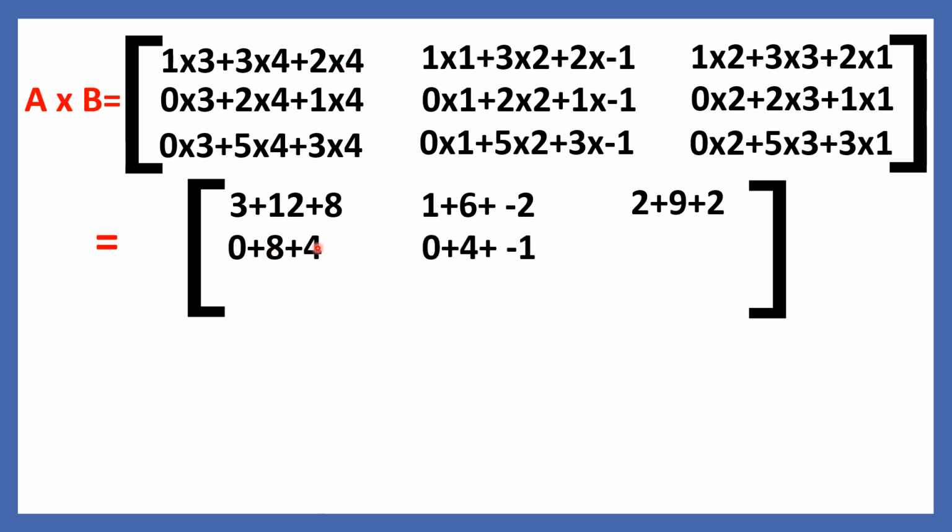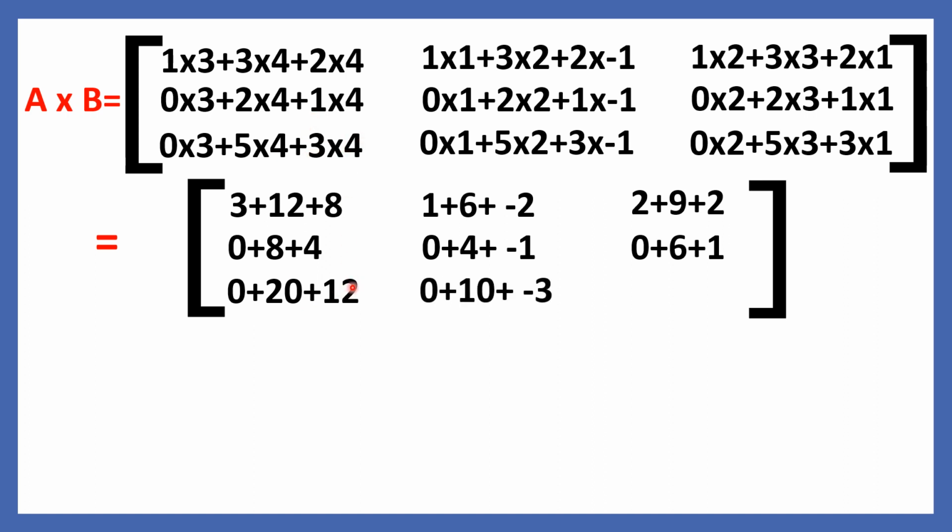Now coming to the next element, 0 into 1 is 0, plus 2 into 2 is 4, plus 1 into minus 1 is minus 1. And the next element, 0 into 2 is 0, 2 into 3 is 6, 1 into 1 is 1. And all these are added. Then coming to the third row, we get 0 into 3 is 0, plus 5 into 4 is 20, plus 3 into 4 is 12.